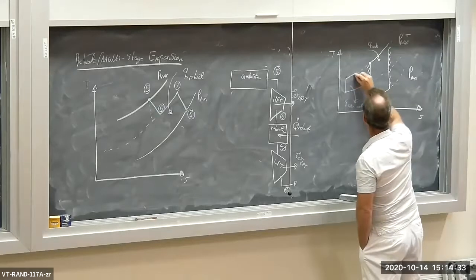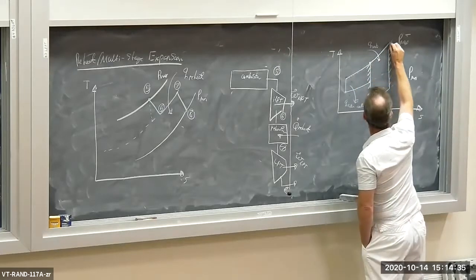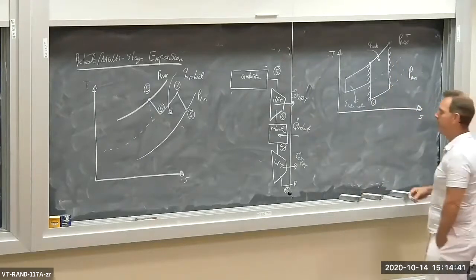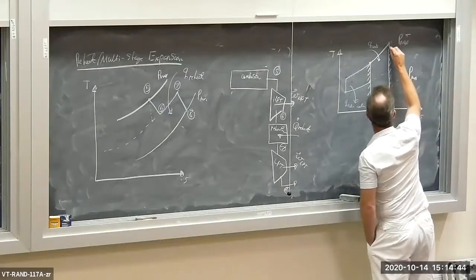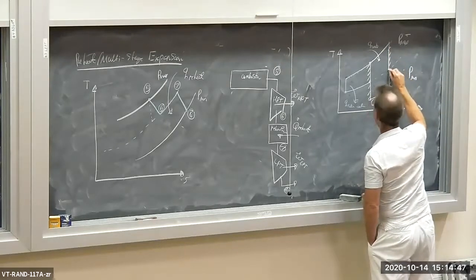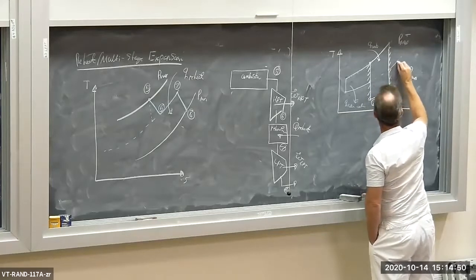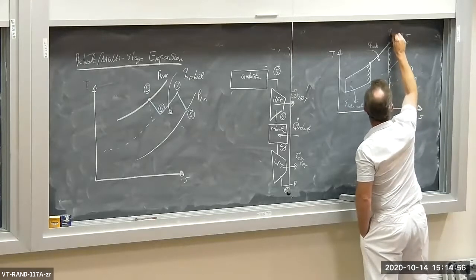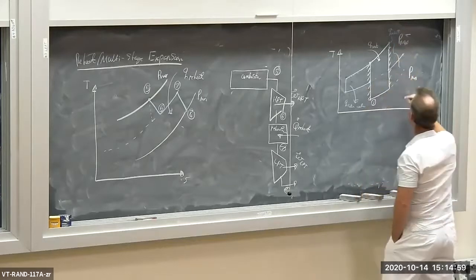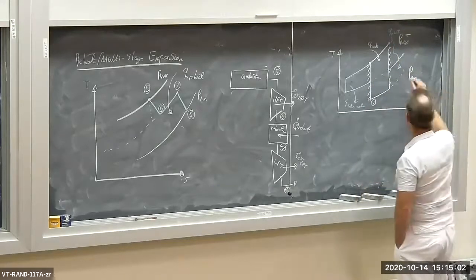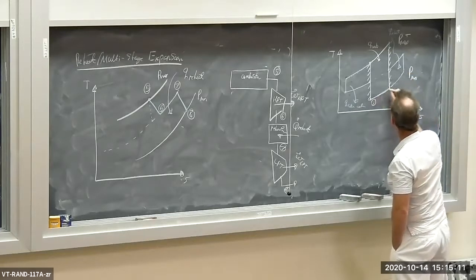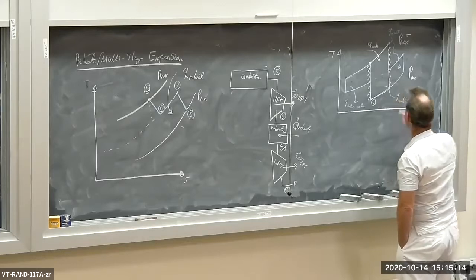Now I'm going to add heat up to my Tmax. Now I'm going to expand in my high pressure turbine. And I'm going to add heat in a reheater. So here is Q reheat. Then I'm going to expand the working fluid in my low pressure turbine. And then I'm going to finish the cycle by rejecting the heat Q out.